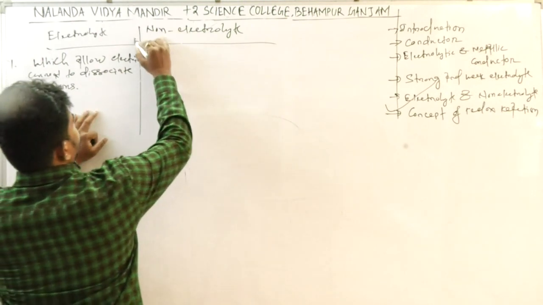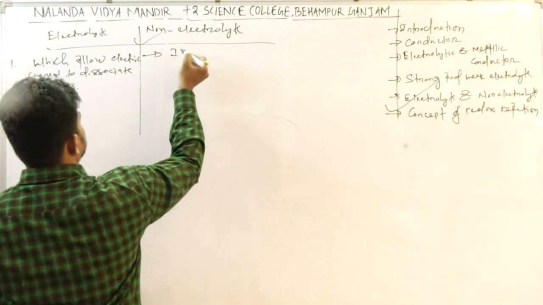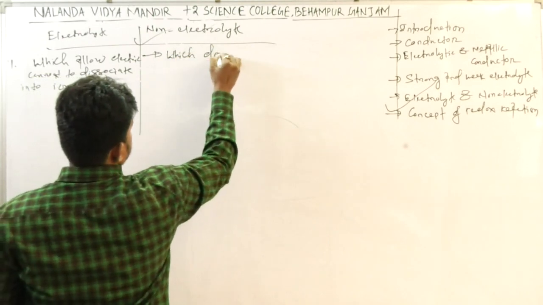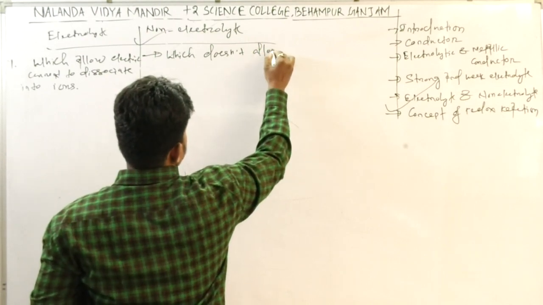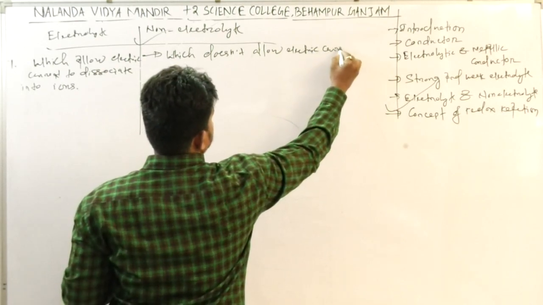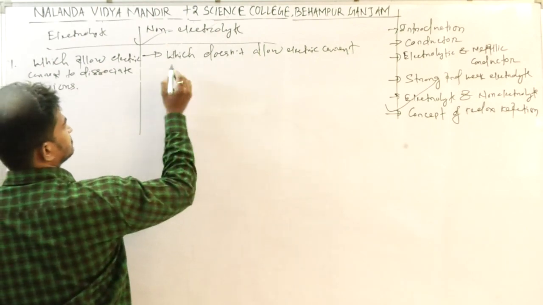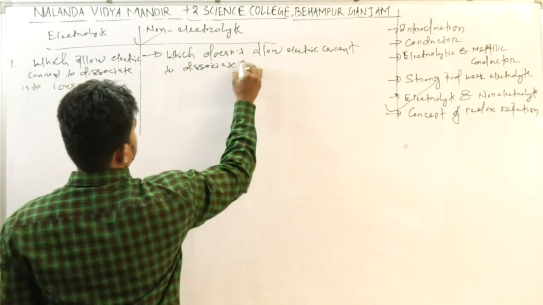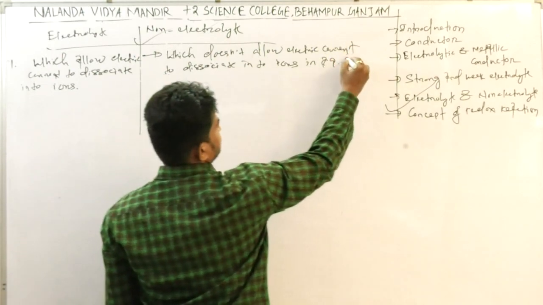But the definition of a non-electrolyte would be a substance which does not allow electric current to dissociate it into ions in aqueous solutions. Here also we need to write it in aqueous solutions.